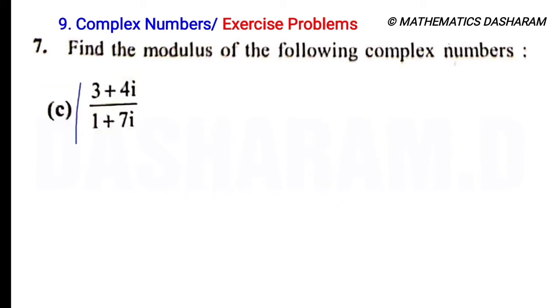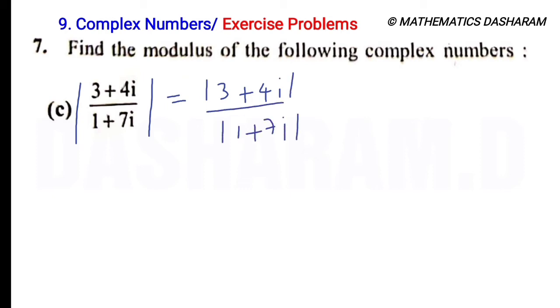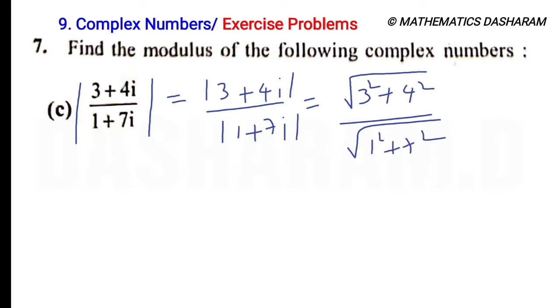So question number C, 3 plus 4i divided by 1 plus 7i. Apply the mod, and the mod symbol is applied for numerator and for denominator. Mod 3 plus 4i becomes under root 3 square plus 4 square divided by under root 1 plus 7i, 1 square plus 7 square.